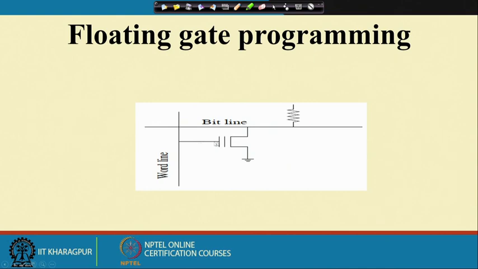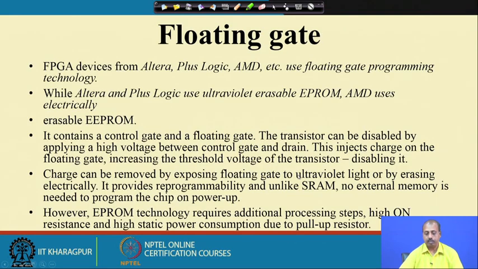So, this is the diagram. If you apply some voltage here, then this floating gate appears. As a result, the threshold voltage of this transistor goes up, and the transistor becomes normally off. Whereas if this is not there, then the threshold voltage is low, and the transistor is on.